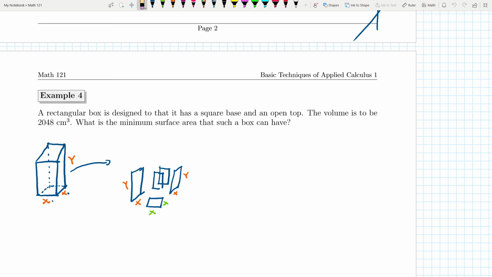We're going to set up a very similar expression to the previous example, but for finding only the minimum surface. We're not going to go the extra mile this time to find the minimum cost, only the minimum surface area. And this minimum surface area will be subject to this given volume, which is the algebra part.